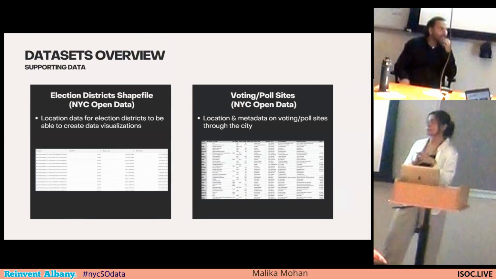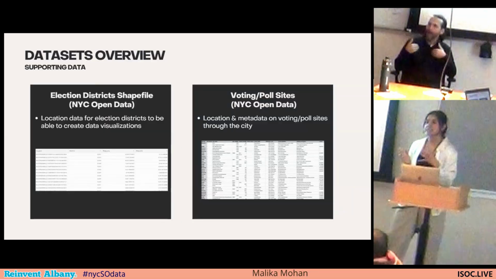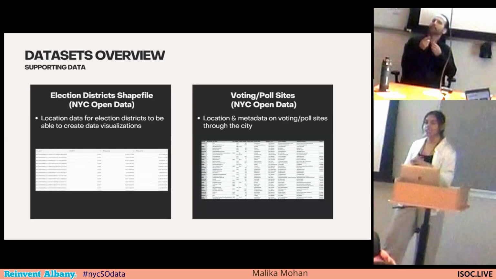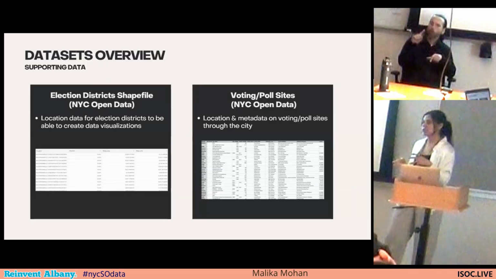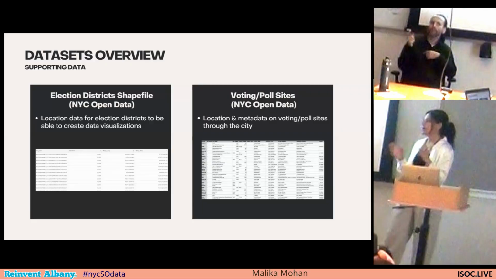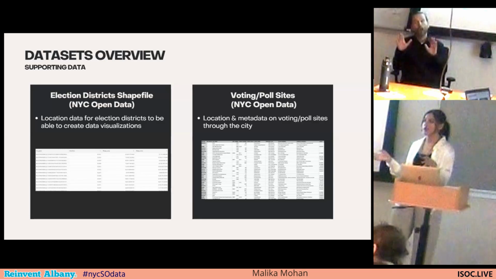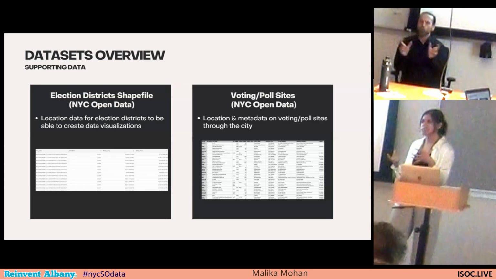And then there are also some supporting data sets available on New York City Open Data. They have an election district shapefile, which has location data for election districts, which, as we referenced, BetaNYC publishes enrollment totals and results at an election district level. So this data set is great for being able to join those together to create visualizations.